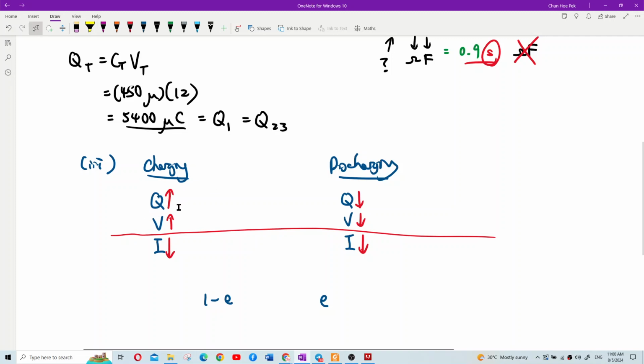Okay. So charge increases, voltage increases. For discharging, they decrease. So if it increases, we use the formula 1 minus exponent.